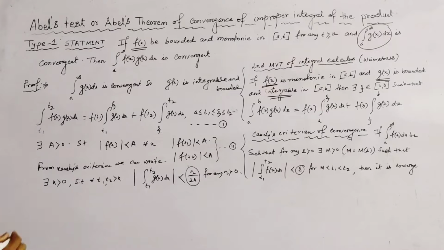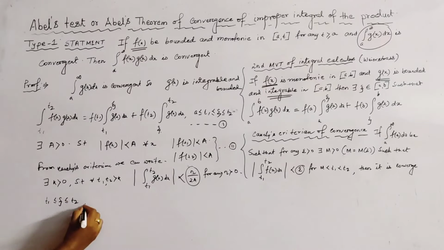Now, since we know that t1 is less than or equal to xi, less than or equal to t2, xi must be greater than or equal to k.